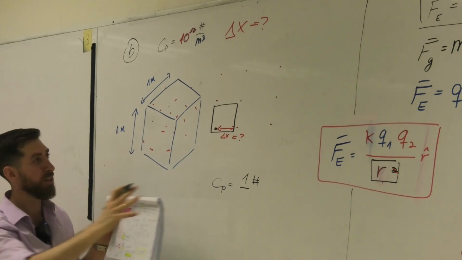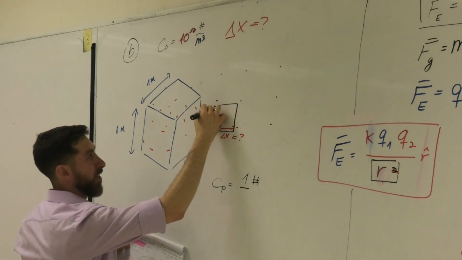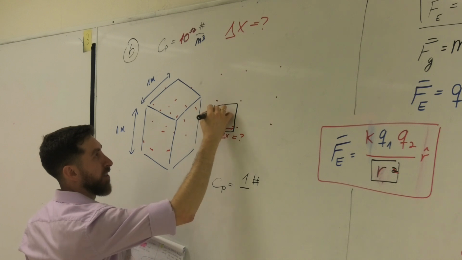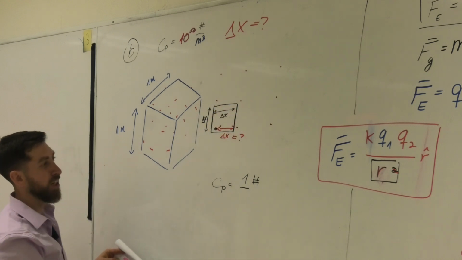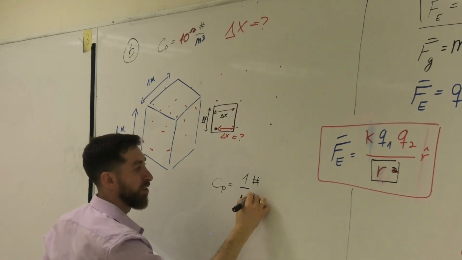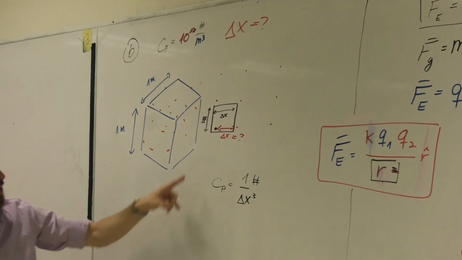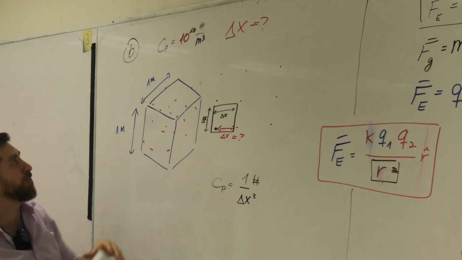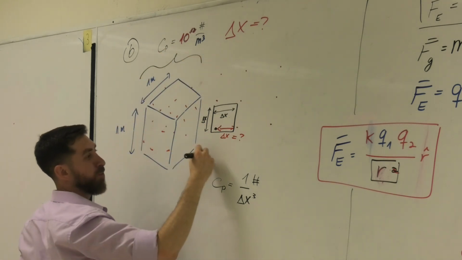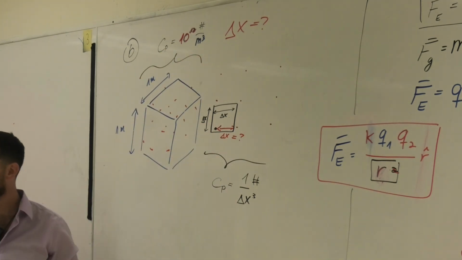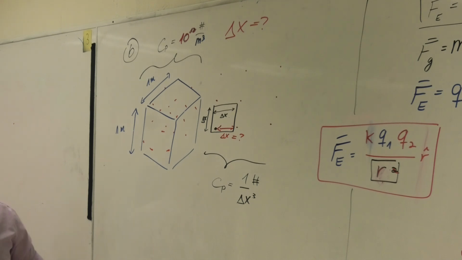You see it? And this volume is delta x, right? It's actually delta x cubed, right? The distance between the particles. So I can think about that the big way, right? And this is the small way, the gentle way to see concentration, okay?